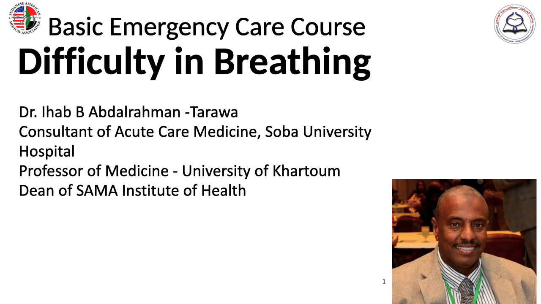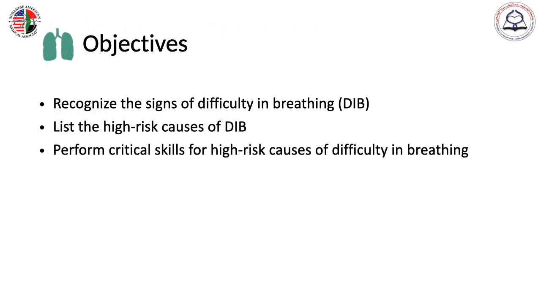This is part of basic emergency care course. As we mentioned, after you do the ABCD primary survey and you fix the life-threatening condition, you try to recognize signs of difficulty in breathing and list the high-risk causes of difficulty in breathing, and perform critical skills for high-risk causes of difficulty in breathing.